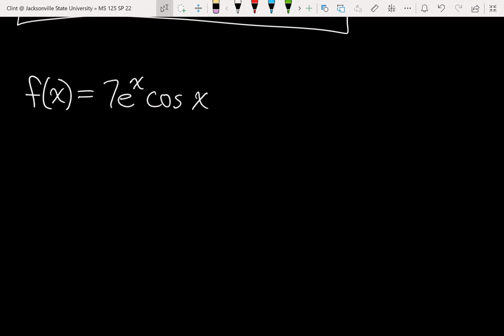And I would group it, personally, I would group it like that. Since it's 7 times e to the x times cosine x, you have some flexibility in how you group it. You could group it e to the x and then 7 cosine x, or you could just pull out the 7 as a constant multiple and deal with it that way.